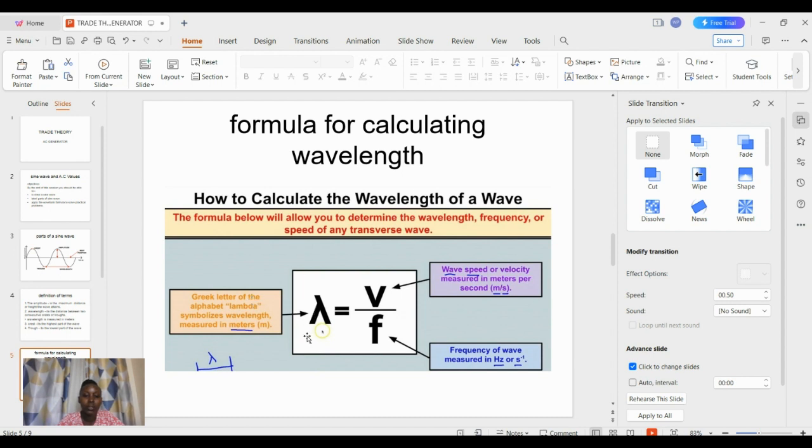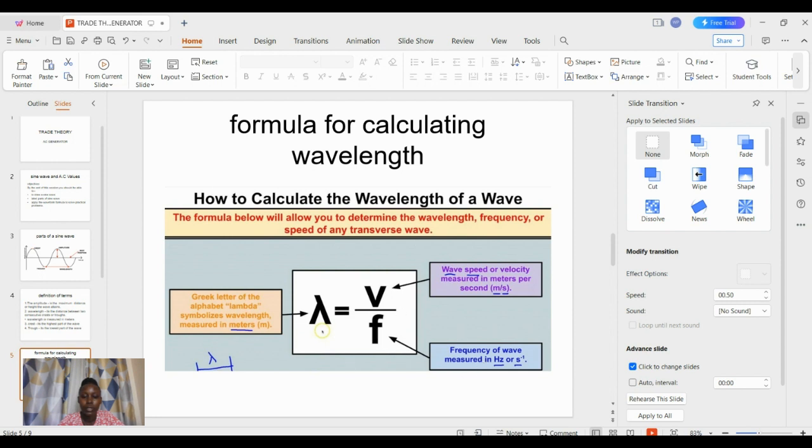So wavelength is symbolized by lambda, which is given by velocity, what we are calling the wave speed, measured in meters per second, divided by the frequency of the wave.